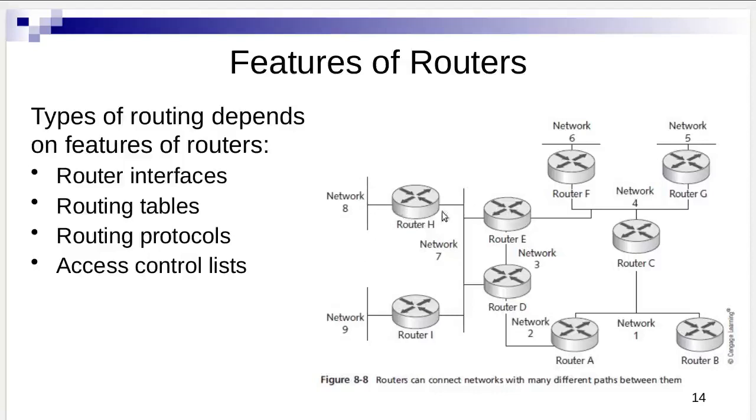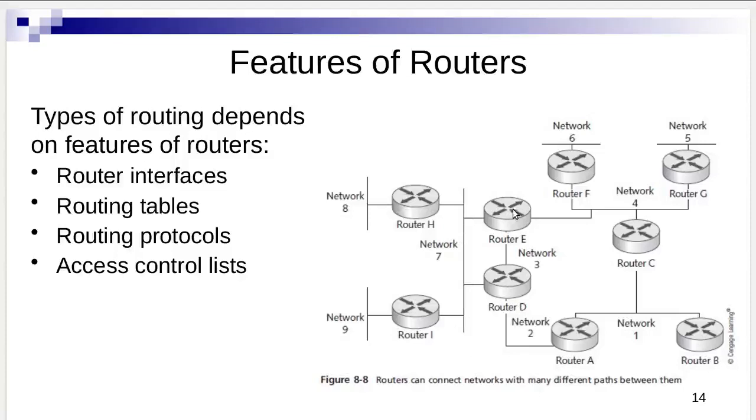So this router is connected to a LAN over here, network 8, and it's connected to another LAN of routers. This switch connects router I, router H, router E, and router D. So this is network 7 that connects 4 routers together.